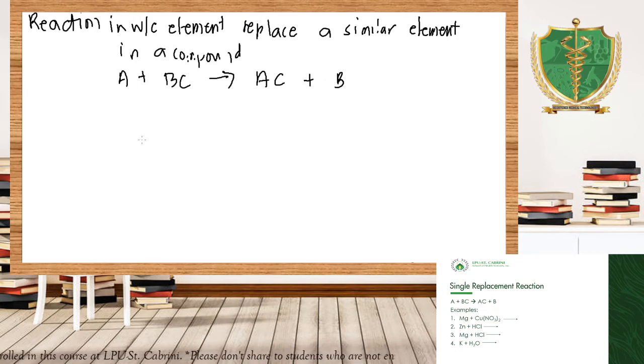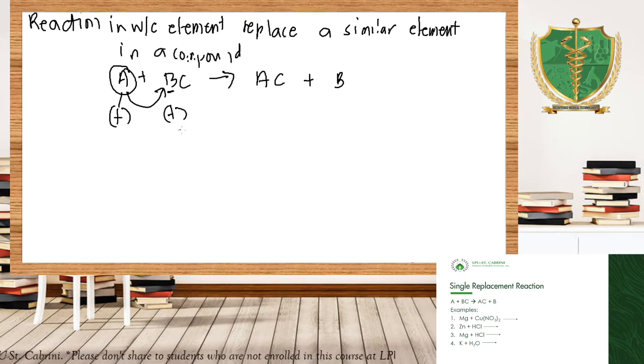Okay, so here A replaces B. Usually, if this is positively charged, then this should be positively charged. If this is a metal, then this should be a metal in order to replace a similar element.